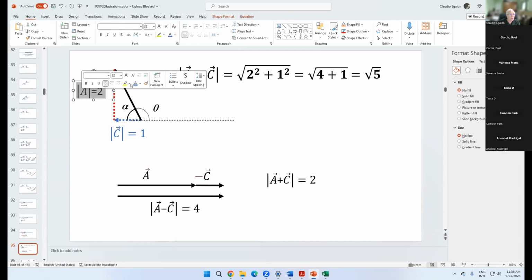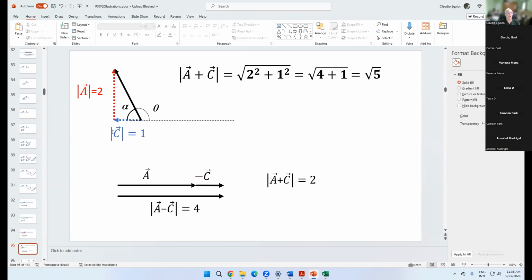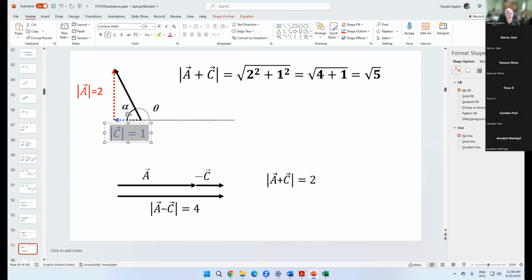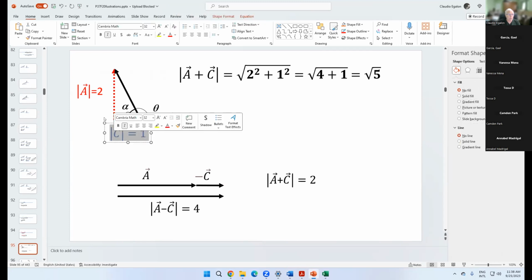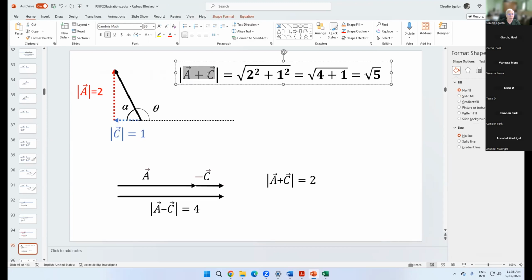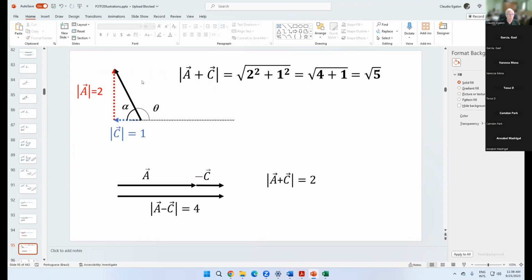In this specific case, the magnitude of C is 1 unit and the magnitude of A is 2 units. When we sum those two vectors, we end up with this resulting vector, A plus C.